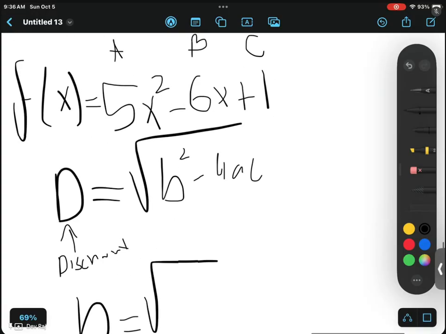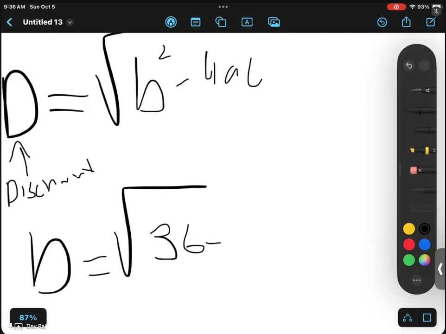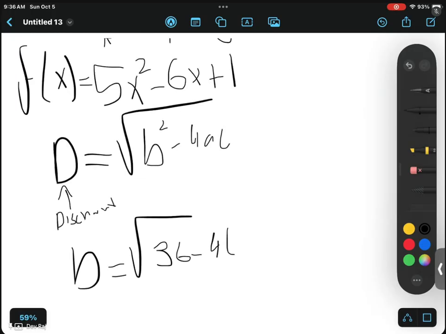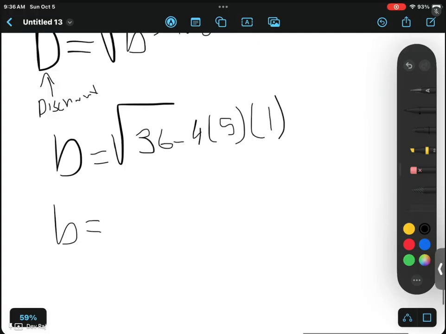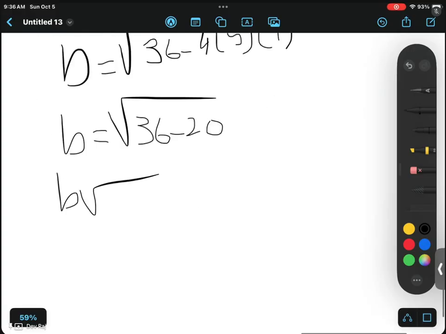What is b? -6. -6 squared becomes 36 minus 4, and a is 5, and c is 1. So this becomes D is equal to 36 minus 20, which is D is equal to 16.